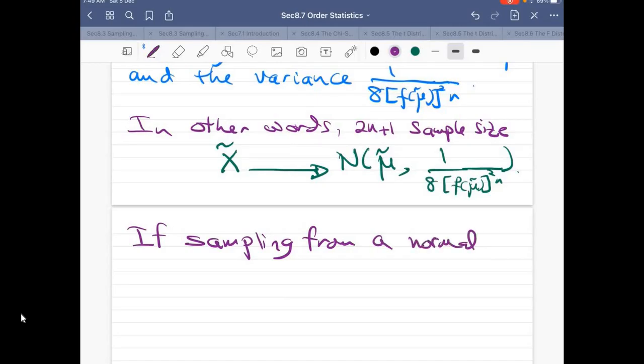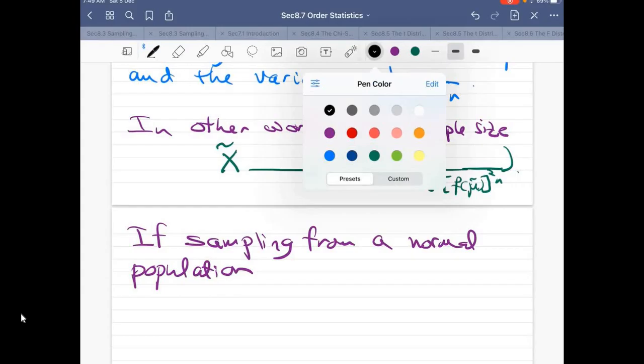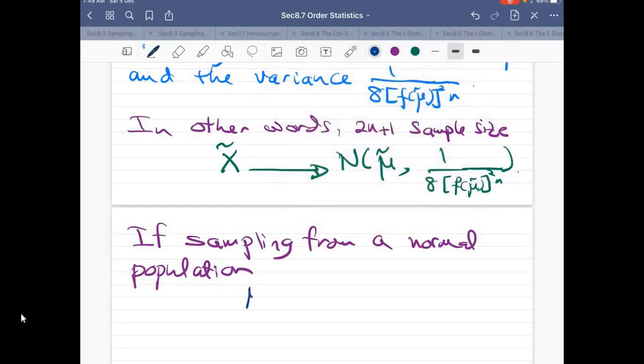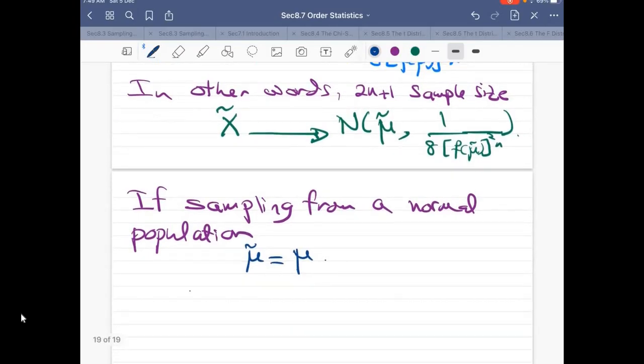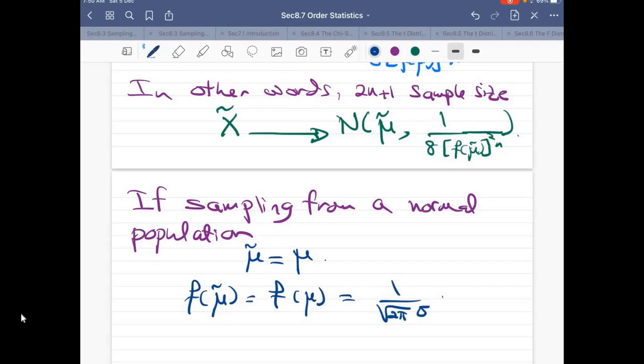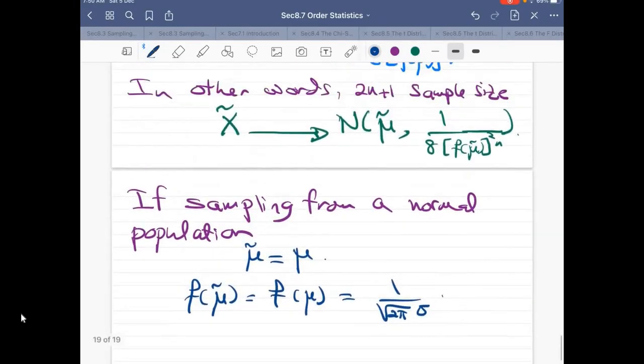from a normal population, I would have the mean equal to the median. Okay, the mean equals the median equals the value of the mean, and in this case, f at the median will be the same as f at the mean, which is 1 over root 2 pi sigma.